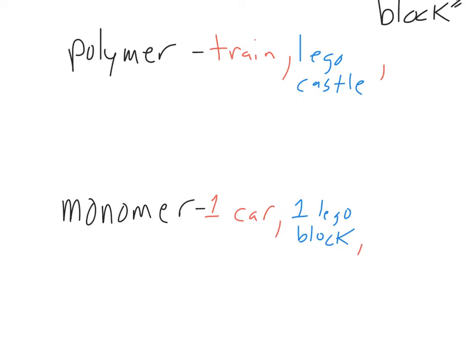Would one apartment be a monomer or a polymer? Oh, monomer. Okay. One apartment. Okay, so the apartment complex would be the polymer, right?